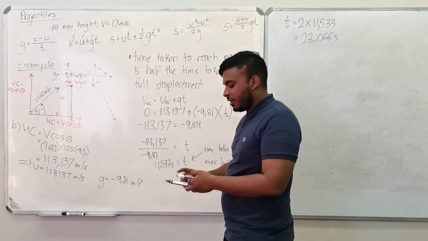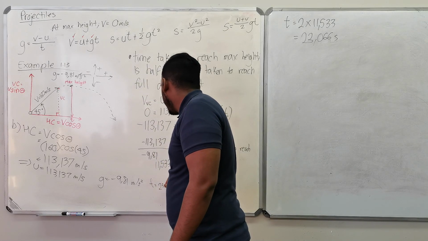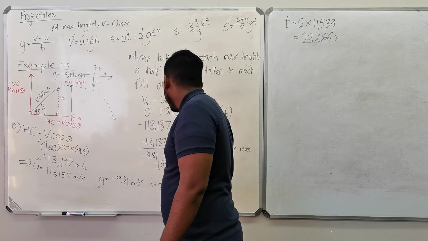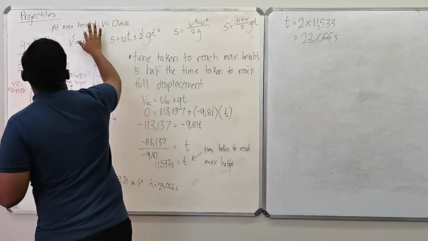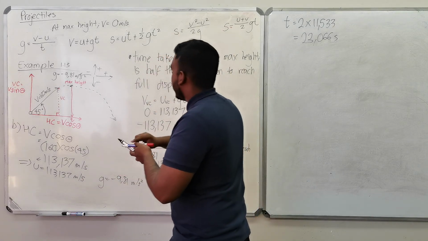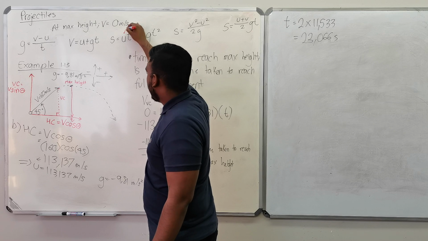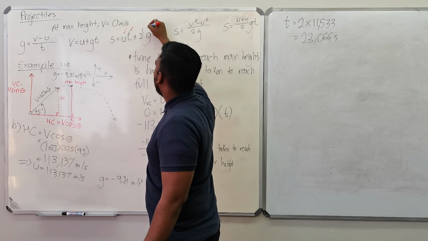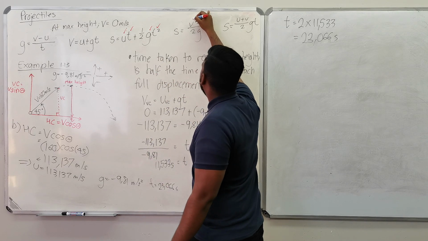Now we also have time, because now we know time is equal to 23.066 seconds. If I take this out, they want us to work on the displacement. These are our displacement formulas. We know our initial velocity, yes. We know time, yes. We know gravity, yes. Do we know final velocity?